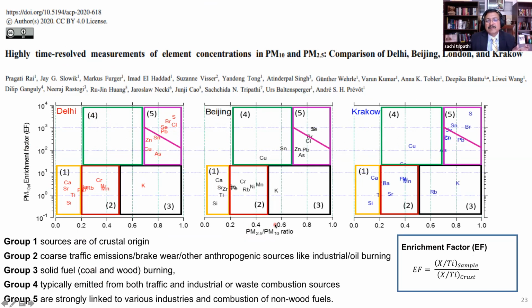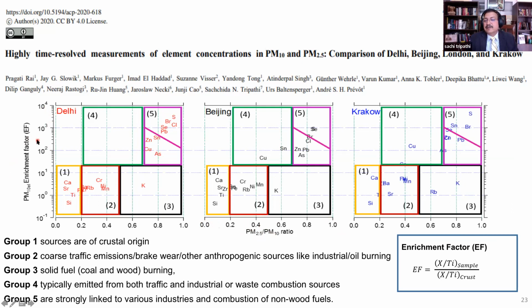One is the PM2.5 to PM10 ratio, which tells you that if this is 0, everything is crustal in nature. If it is 1, everything is coming from anthropogenic sources, correct? And on the y-axis, it tells you what is the enrichment factor, okay?